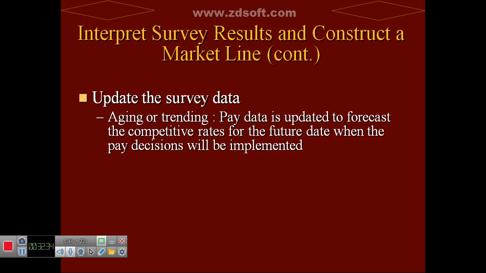The company may conduct the survey this year, but by the time the company designs its externally competitive pay policy and starts paying salary to its own sales representatives, it may be more than a year or more than 1.5 years. So at the time of implementation of the pay structure, the company needs to update the survey data, otherwise the company will make a mistake again.